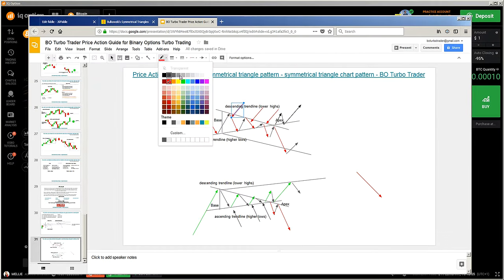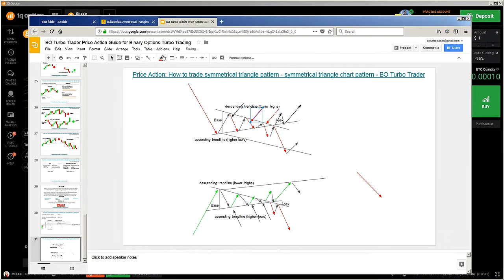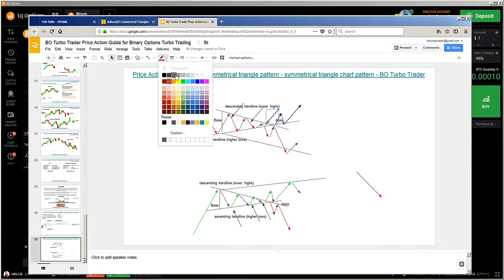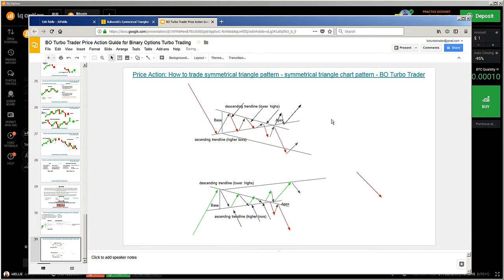I would say get this ebook from the description. There are also the other chart patterns and candlestick patterns explained.